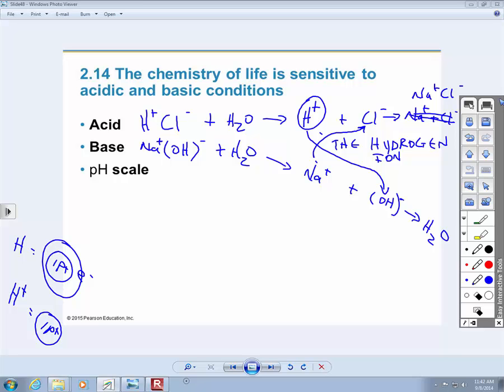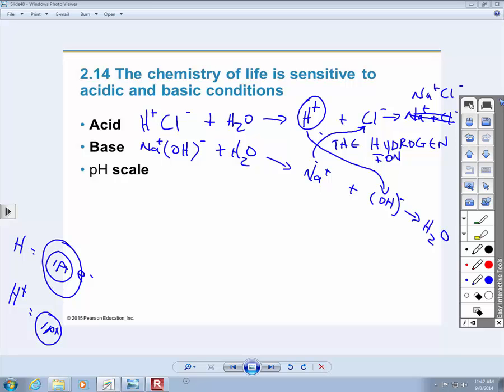So anytime you mix an acid with a base, the base unit, which is the negative unit, will attract the hydrogen. And this is the most common base unit, this OH, with a negative charge. It will attract that positive hydrogen and form water. And of course, what you're left with is the sodium, and that will attract to the negative chlorine, and you form salt.